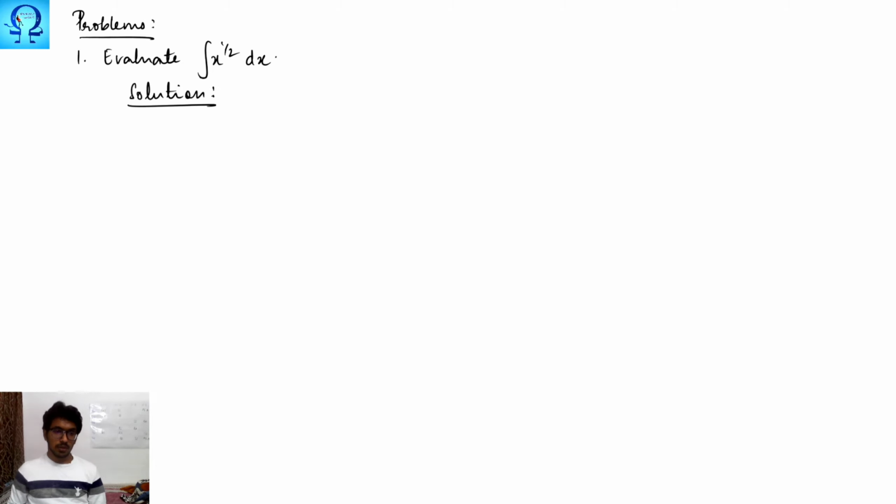So the first problem is: evaluate integral x power half dx, right? Whatever formula we require to complete this problem, let me write here.